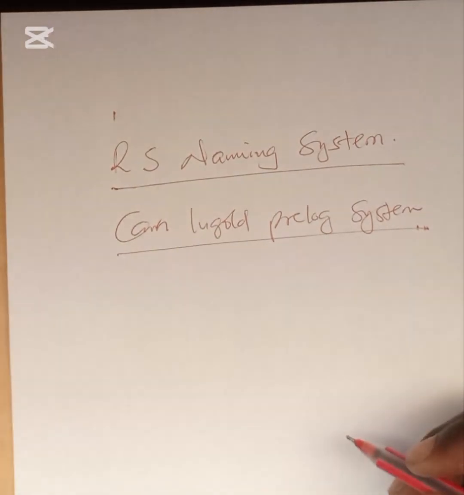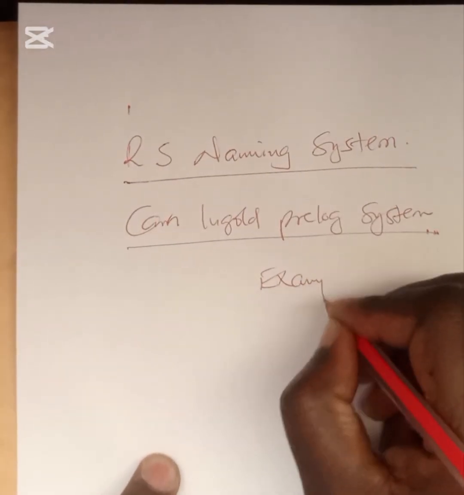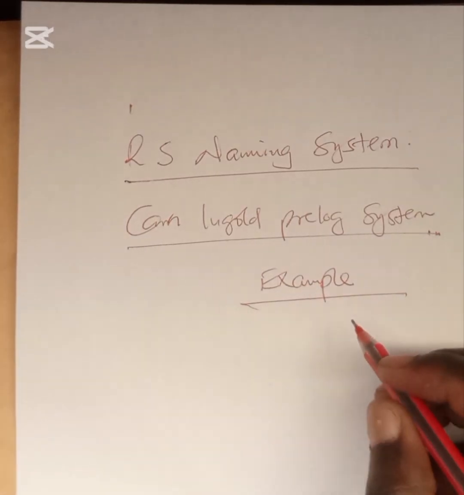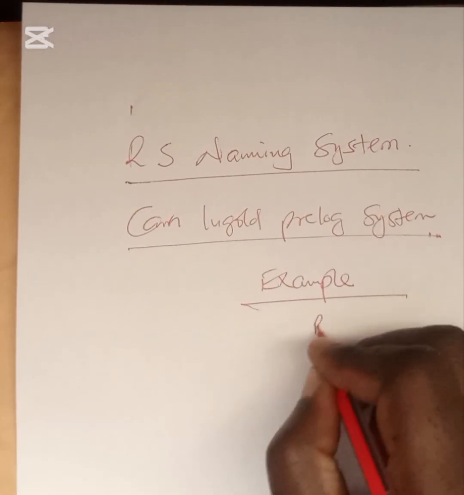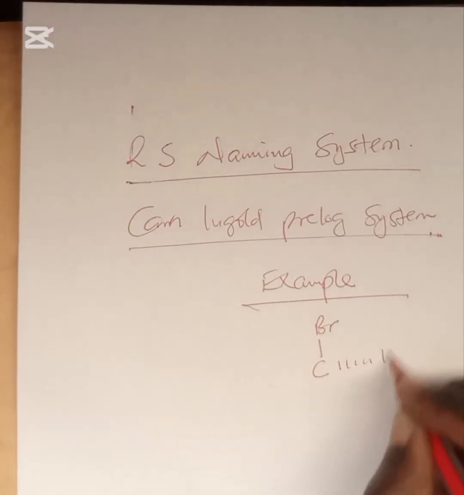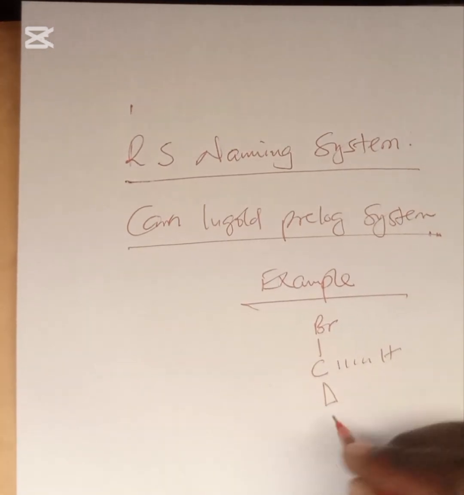Now, in order to understand this, let's take an example. Let's say you are naming this compound here. Let's begin with a simple one before we advance, so that we can set a foundation for this.